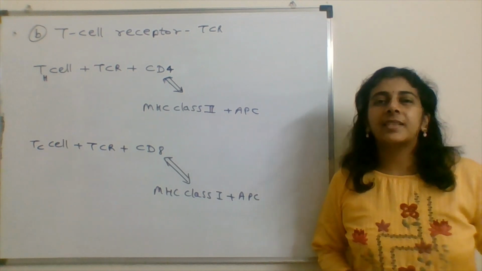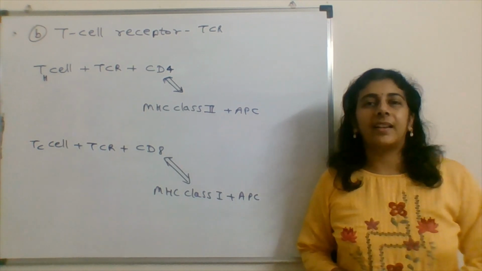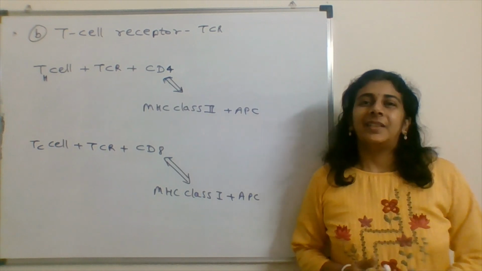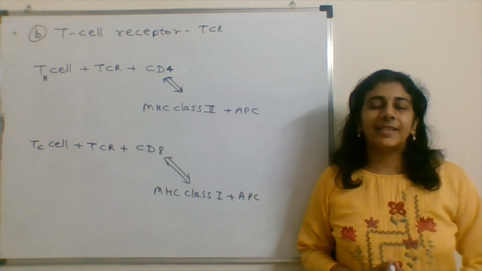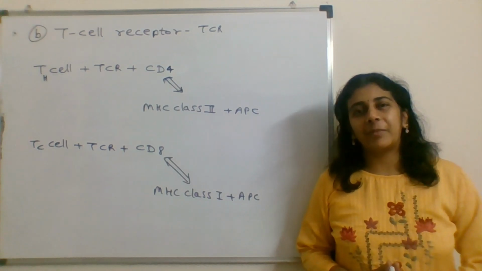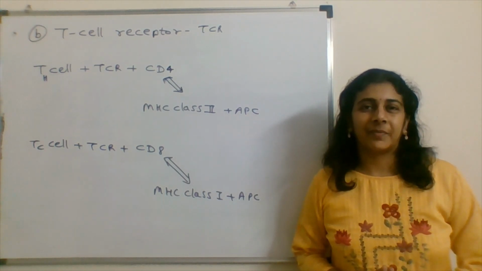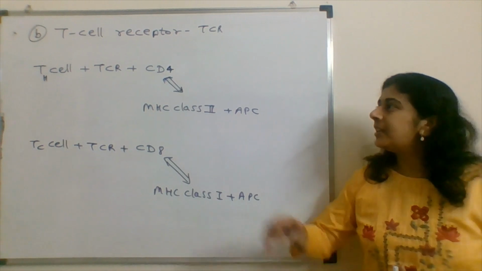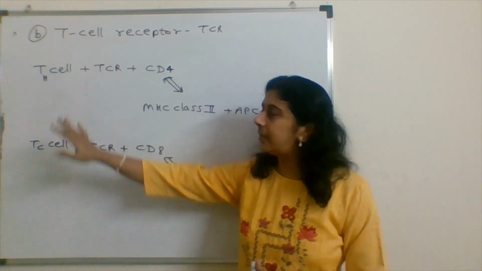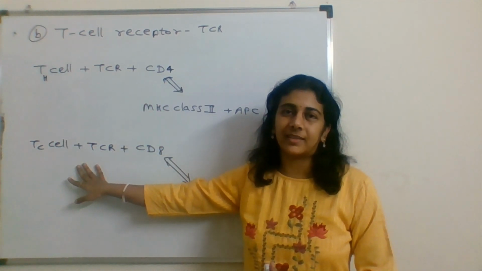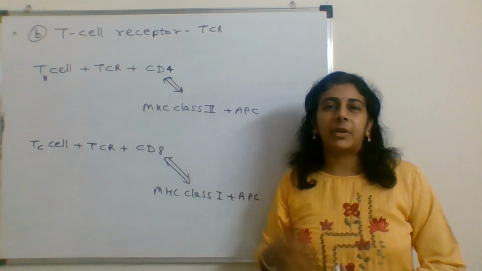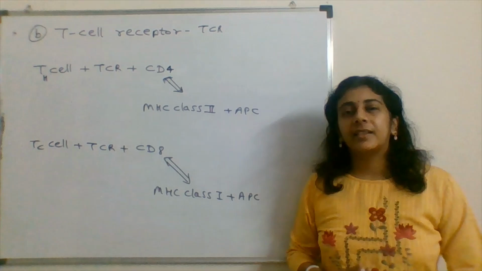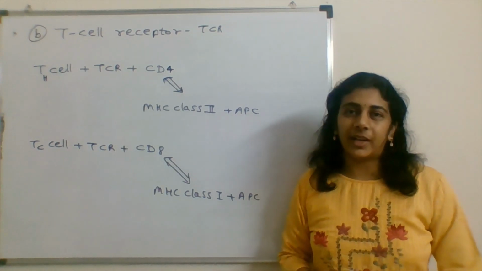Option B is the TCR or T cell receptors. T cell receptors are present on the T cells. T cells are the components of the cell mediated immune system. T cells can be T helper cells or T cytotoxic cells. TCR, which are membrane molecules present on T cells, are used for the recognition of antigen.